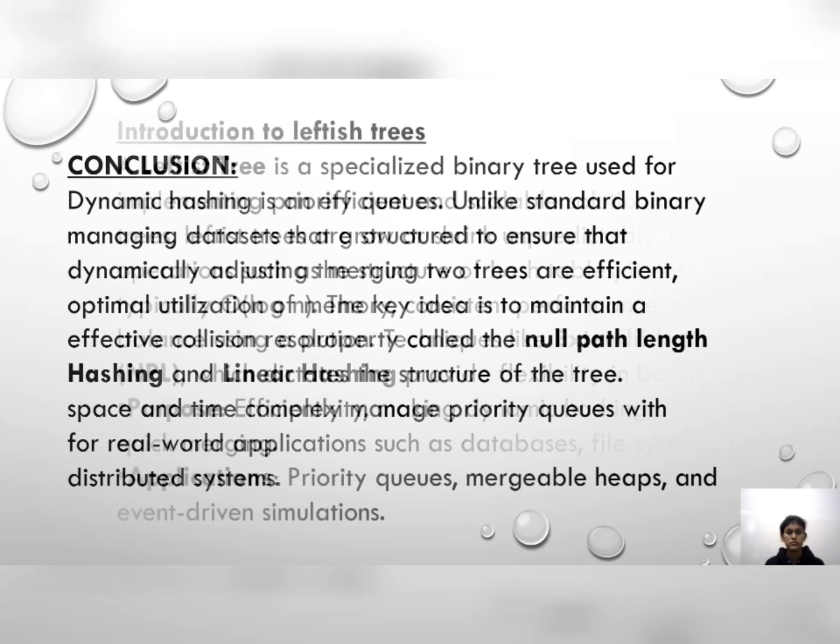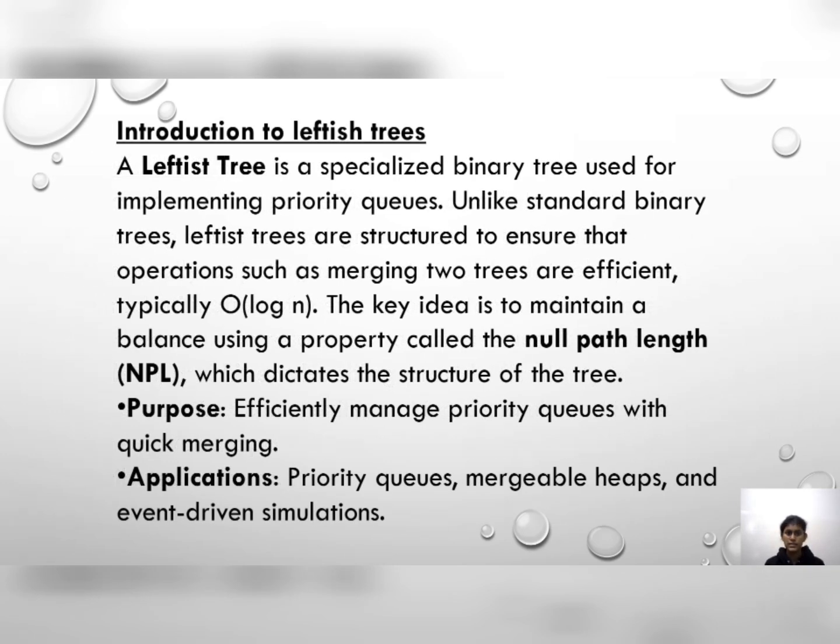Now let us discuss the introduction to Leftish trees. A Leftish tree is a specialized binary tree used for implementing priority queues. Unlike standard binary trees, Leftish trees are structured to ensure that operations such as merging two trees are efficient.